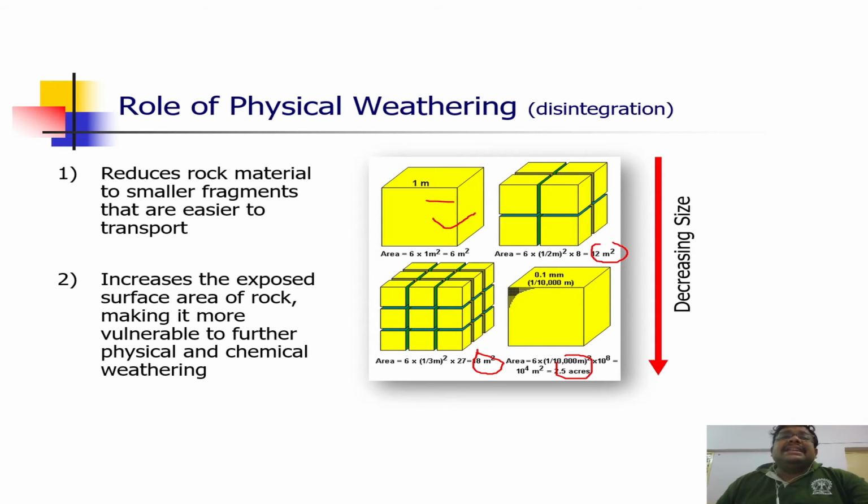Basically it increases the exposed surface of the rock, making it more vulnerable to further physical and chemical weathering. So physical weathering is very important before chemical weathering can start, because physical weathering increases the surface area for subsequent chemical weathering.